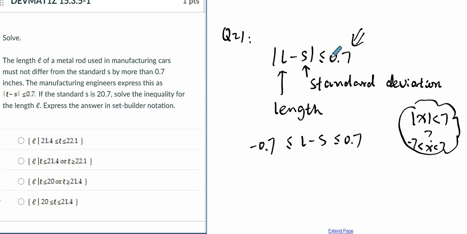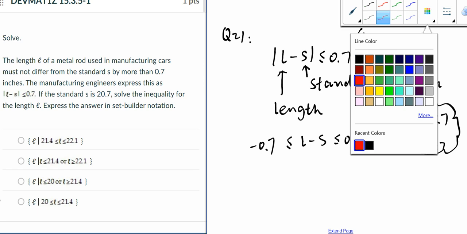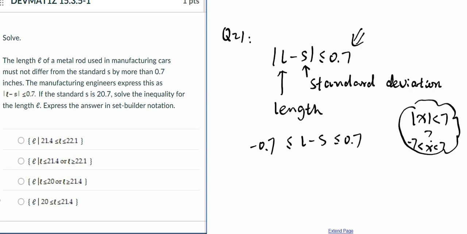Now, we know S is what? We assume S in this case is 20.7. If the standard deviation is this much, then L minus 20.7, and then negative 0.7 on the left.